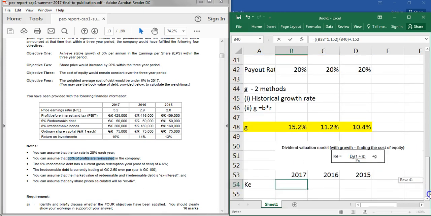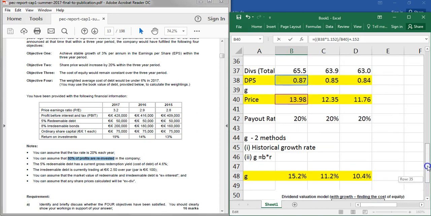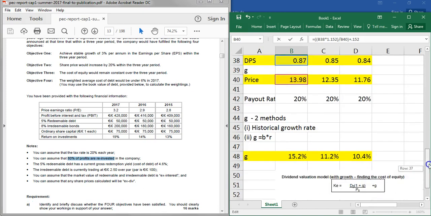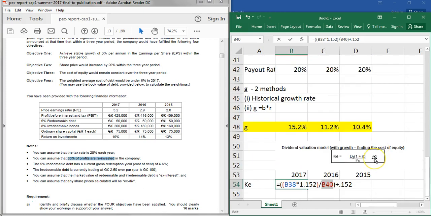So that is tricky. What that formula says is, it's D0, which in this case is the dividend per share, 0.87, times 1 plus the growth rate, 1.152, over the share price, which in this case is 13.98, plus the growth rate. That's the formula.